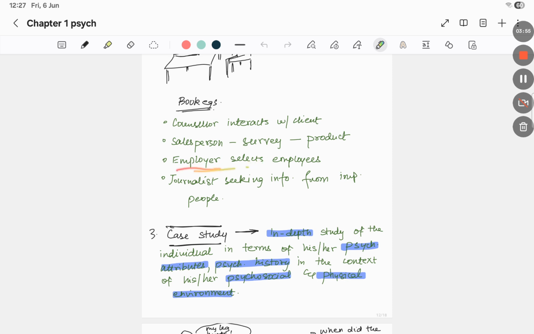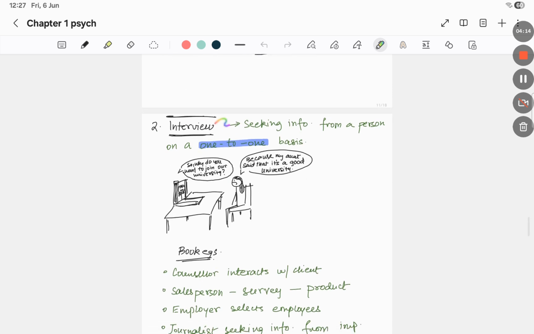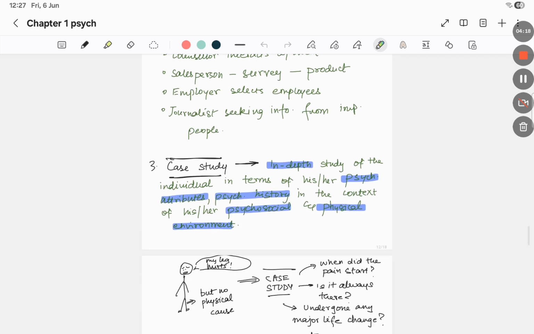Then an employer selects employees for jobs. Then journalists seeking information from important people. There might have been a political issue regarding which the journalist wants to know more, so they approach important individuals at a higher position to get to know more about that political issue in depth, right? So this is interview, where you seek information from an individual on a one-to-one basis.